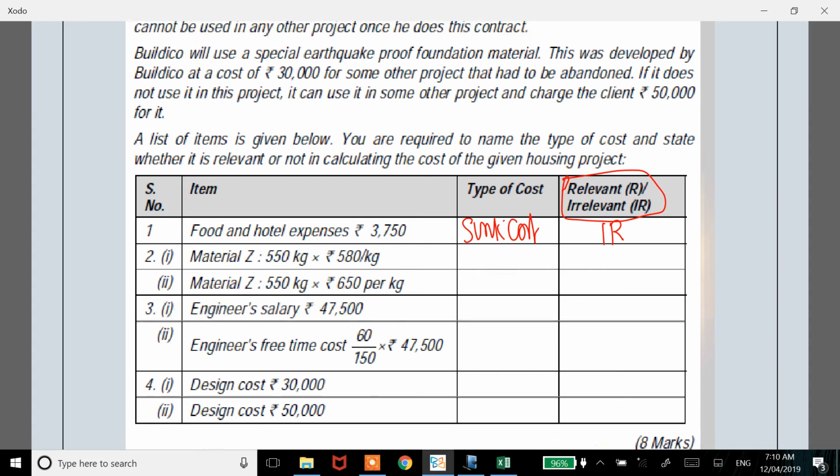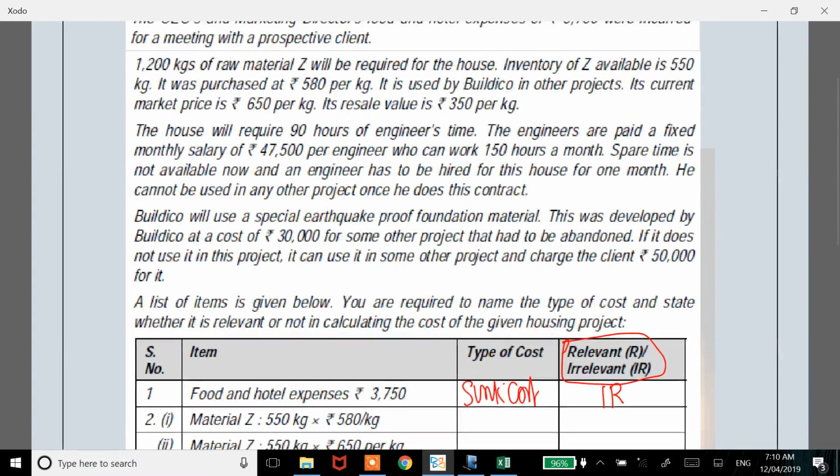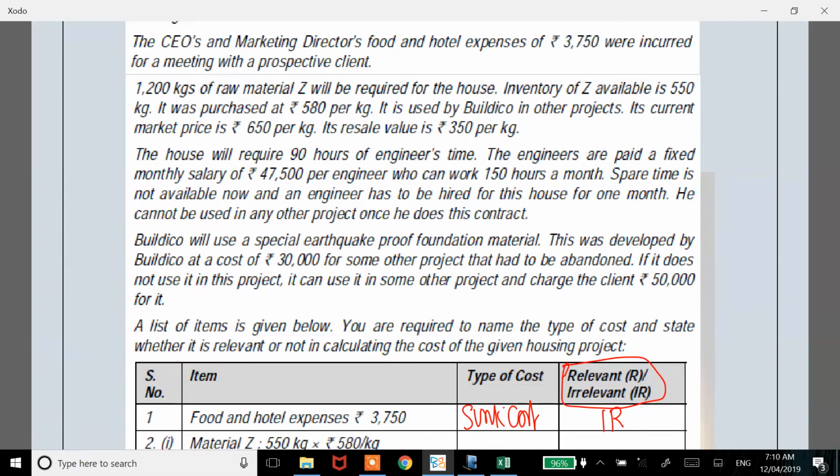In material Z, read and tell me what is relevant there. How much should be relevant for material Z? You can ask yourself the same set of questions: available, not available, fast moving, slow moving.